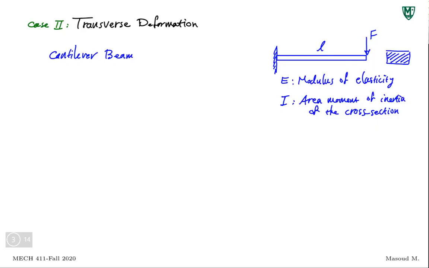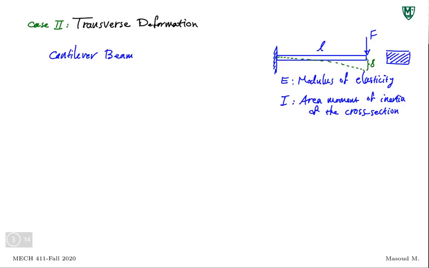Now, do you remember what was the deflection when we were applying a force on a cantilever beam on its tip? As I said, all we need to do is to find the relationship between the deformation and the force. Then we get the spring-like behavior, and we can use that to find the equivalent of the system.